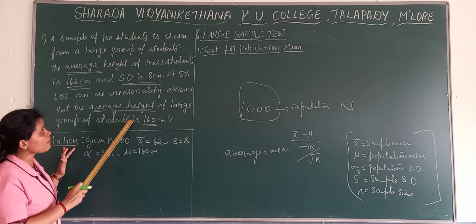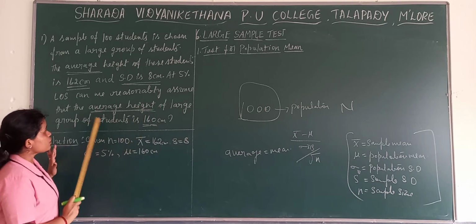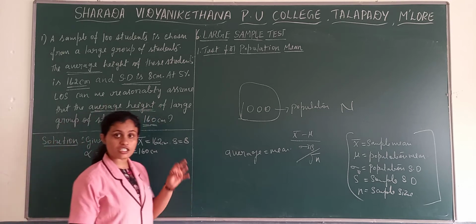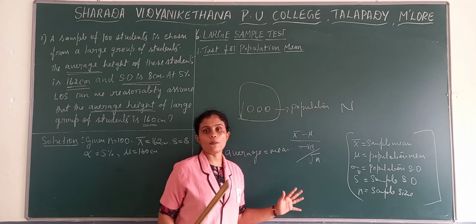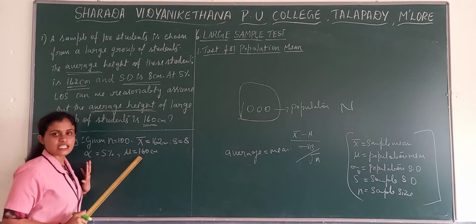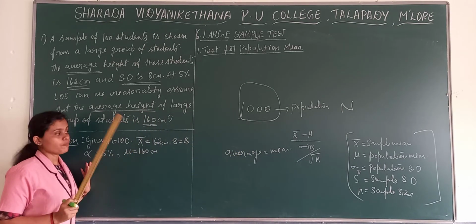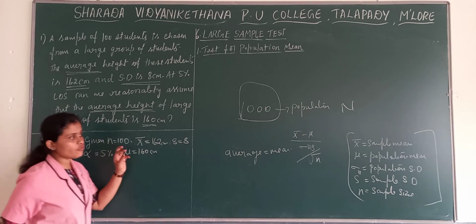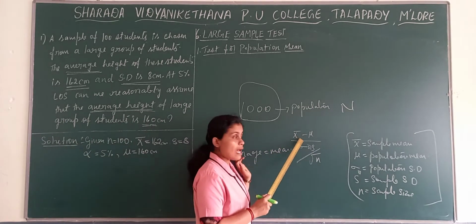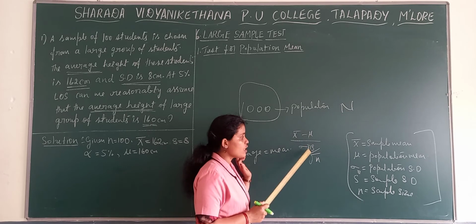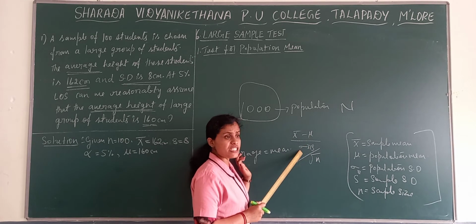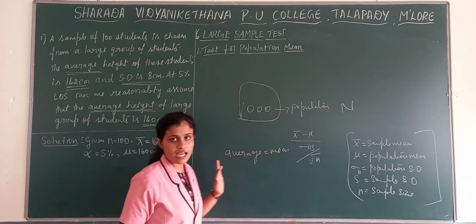Now, at the end they have given the average height of the large group of students. That is the population mean, the whole population's mean, 160 centimeter. This is about how to identify the terms: which is sample mean, which is population mean, which is sample standard deviation, which is population standard deviation.